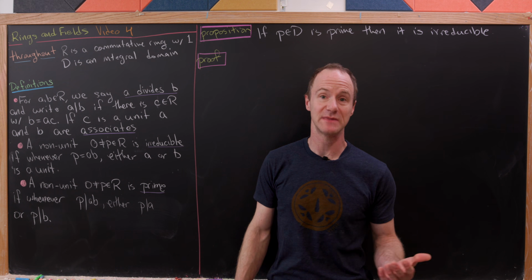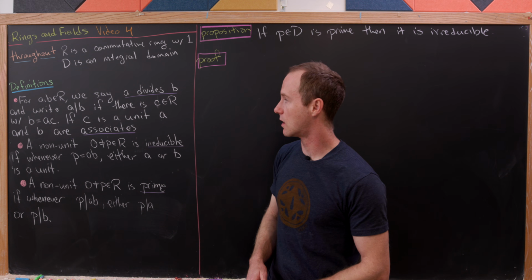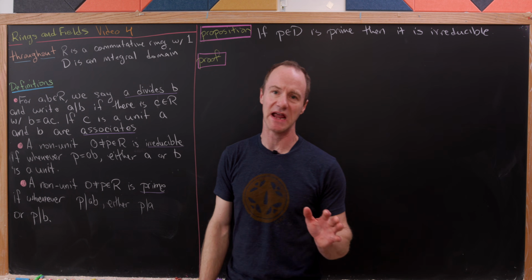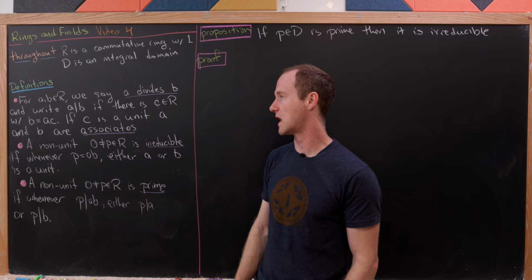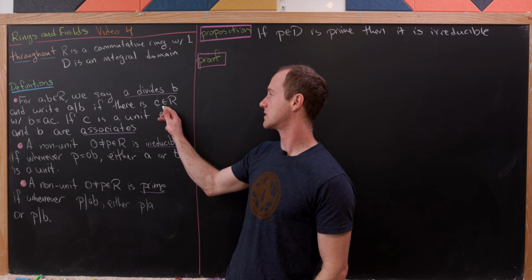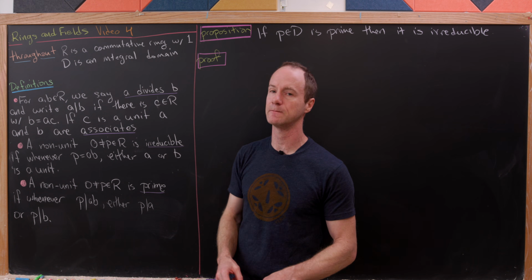Now let's look at some definitions to get off the ground. For a, b in R, we say that a divides b, written with a vertical line between a and b, if there exists a c in R with b equal to a times c.